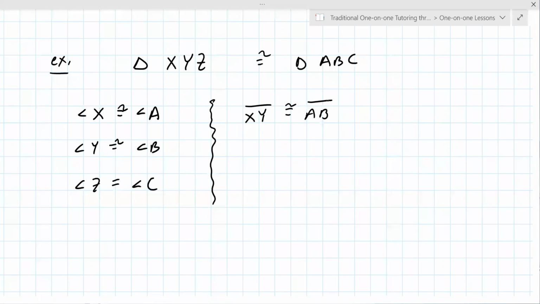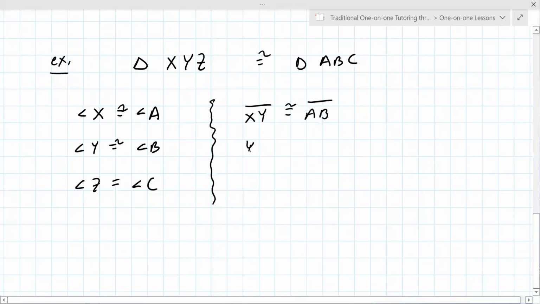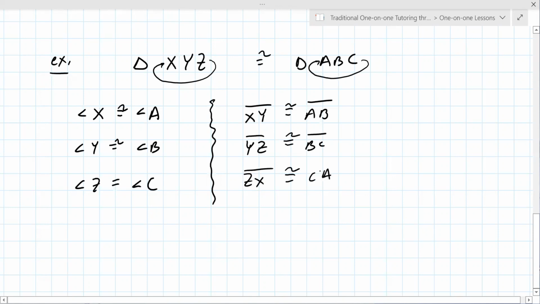Y to Z is the same as B to C. Sorry, my bad, I meant it that way. And then Z comes back around to X and C comes back around to A. So then ZX is CA. That doesn't seem too tricky.